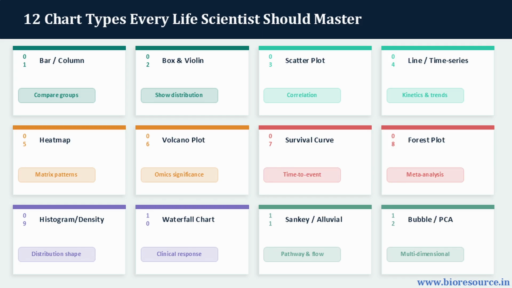Each chart answers a different kind of scientific question. The mistake many people make is choosing a chart because it looks familiar. Instead, choose the chart that matches the data and biological question.